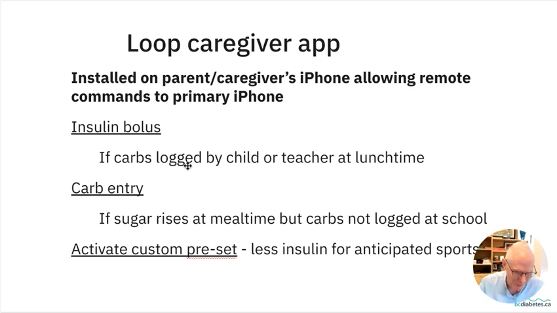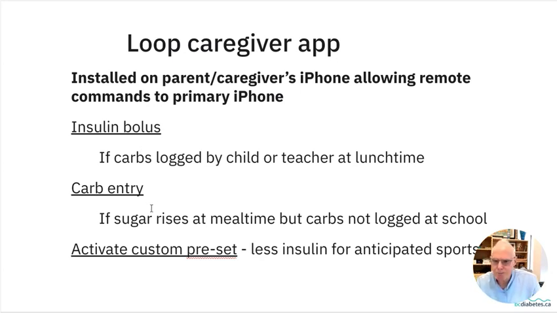Every other kid has handed their phone in at the front desk. They've got their phone running. And let's say it's lunchtime, and the kid or the teacher or the teacher's assistant has logged the carbs in the system. So Nightscout shows the food, but no bolus was given. The mum or dad could give the bolus that's recommended based on the carbs.